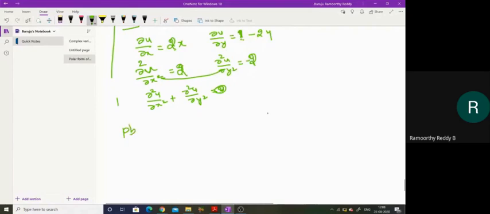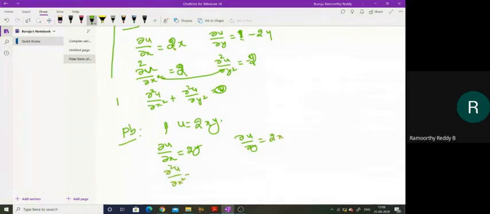Next problem, see. So u is nothing but 2xy, for suppose. Then dou u by dou x is 2y, and dou u by dou y is 2x. Then what is dou square u by dou x square? Which is 0.